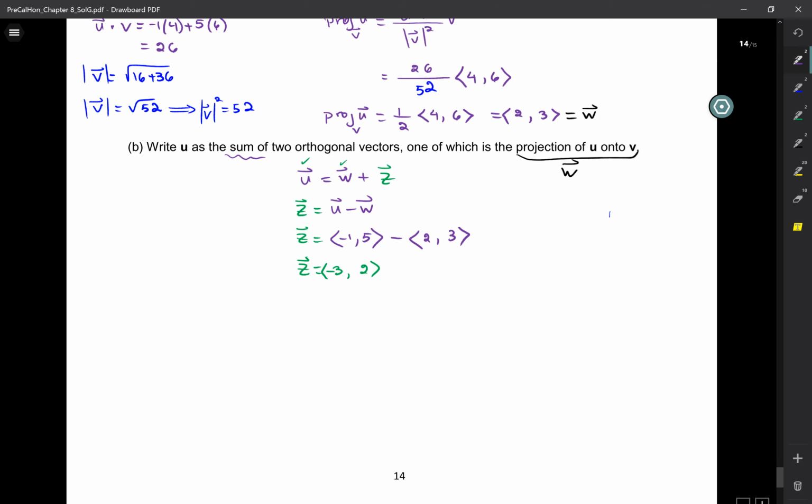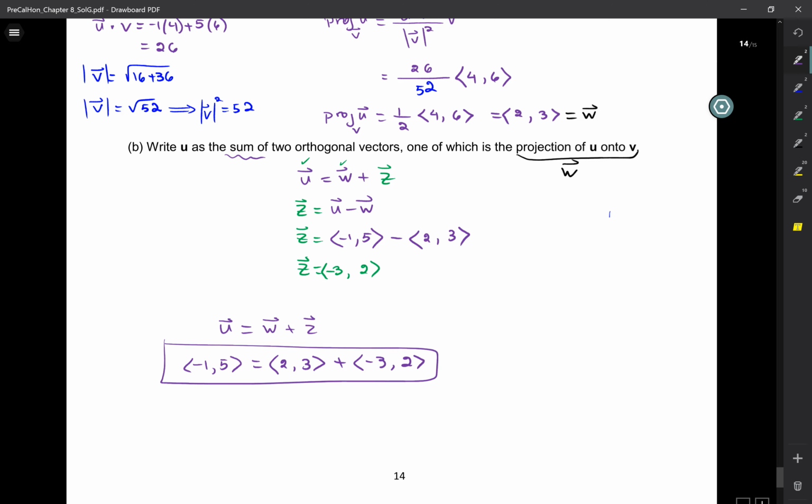It says to write U as the sum of W plus Z. What's U? -1, 5. That's equal to W plus what? Okay.